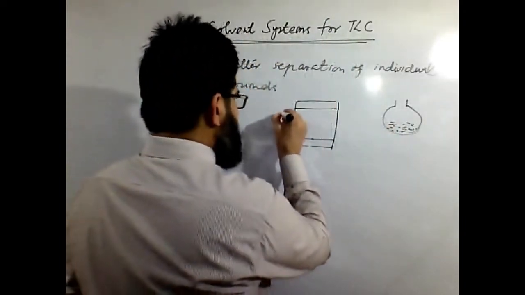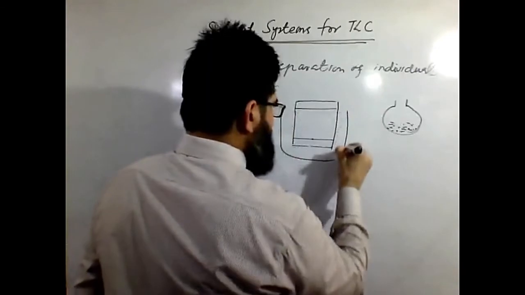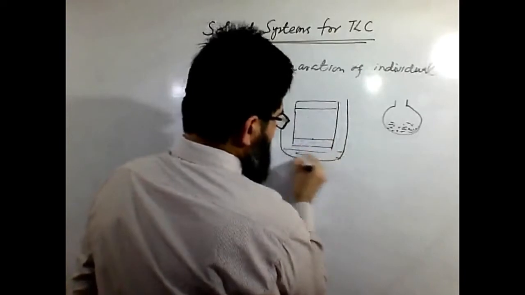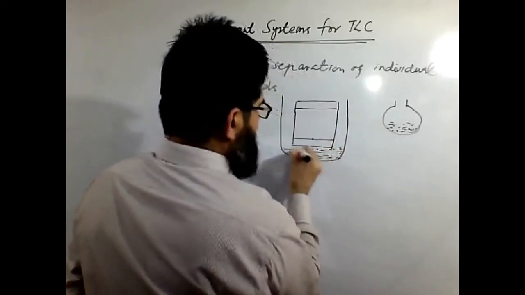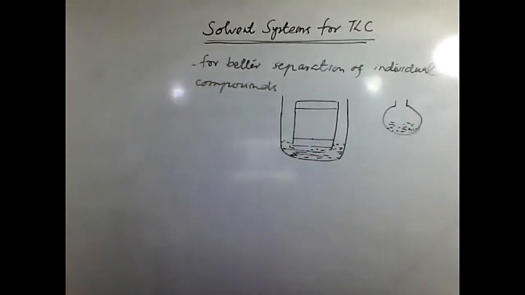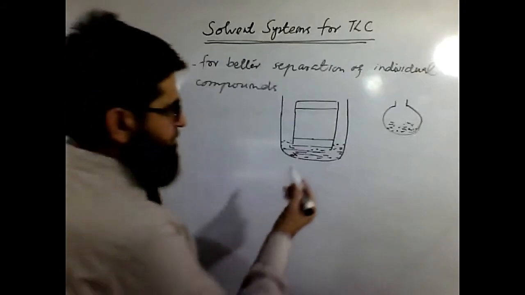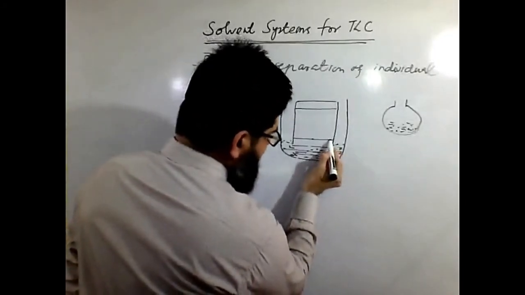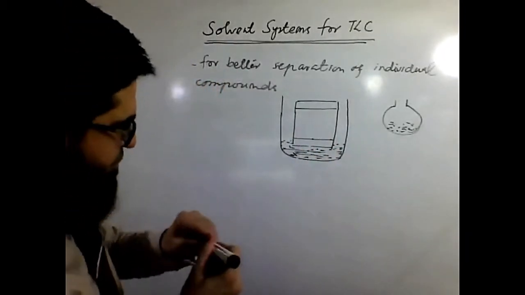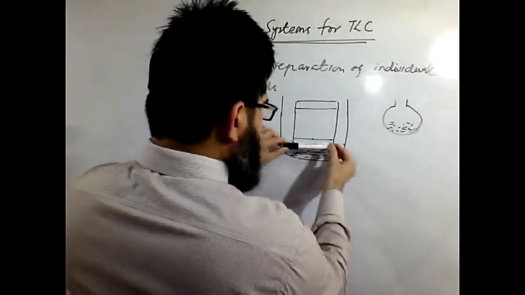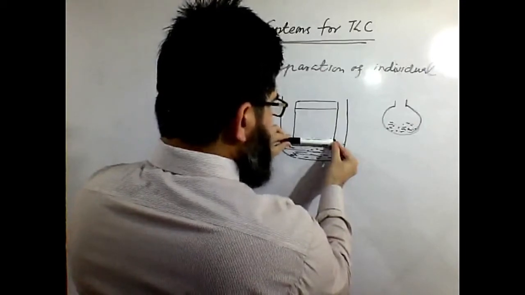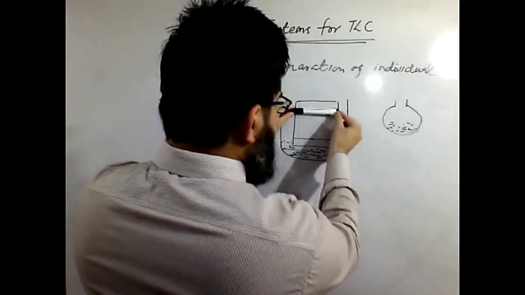Let's say we have put this plate into the solvent beaker, which carries solvent. I've told you the solvent level is supposed to be below this baseline, because the solvent will start to move from the lower end of the TLC in a homogeneous way, moving up till it reaches the upper lane.